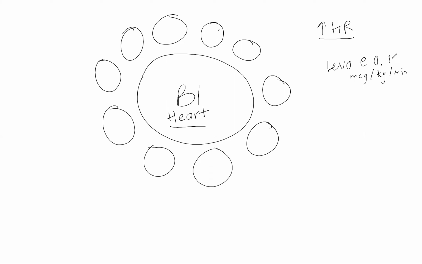At the beta-1 table here, that is the receptor sitting on the heart, I am now starting to see some levophed come to sit down. So levophed, at 0.1, is going to take up, let's say, 3 of the seats at the table.